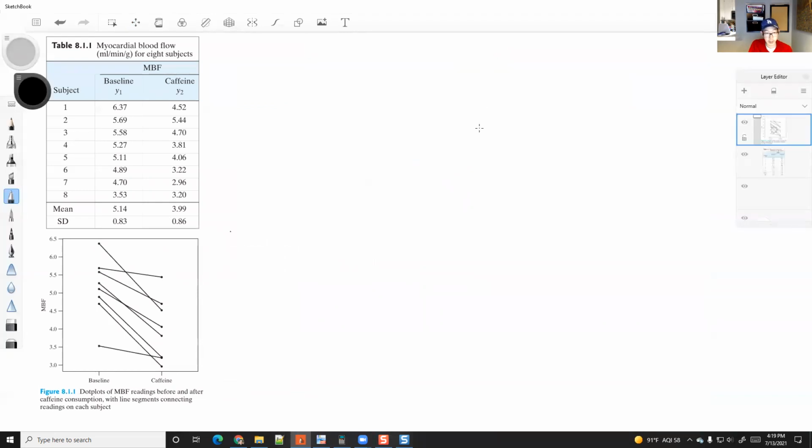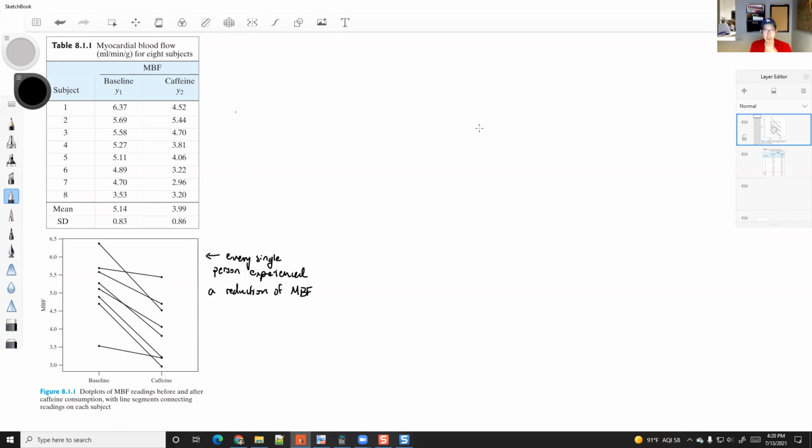Looking at this, every single person experienced a reduction of myocardial blood flow, okay?